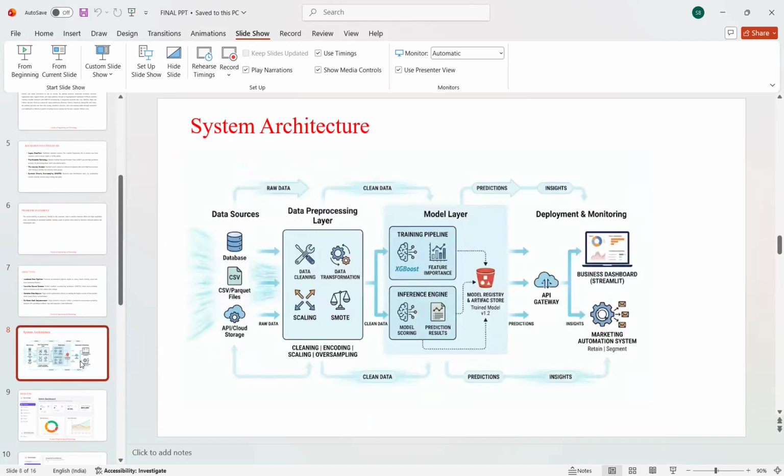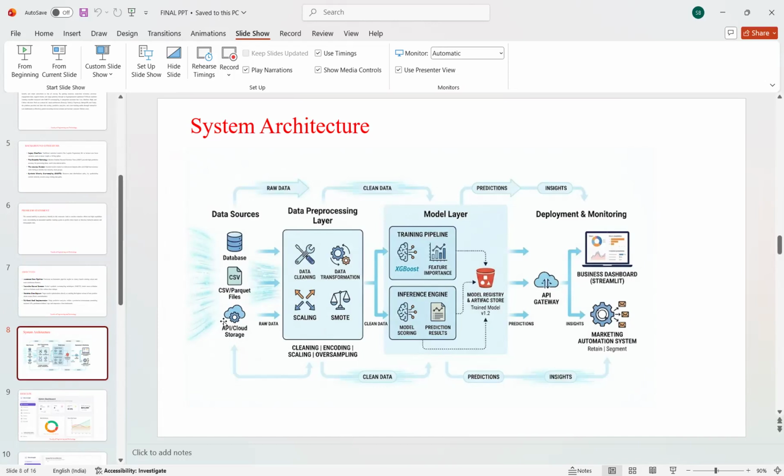System architecture. This explains the complete workflow of the customer churn prediction, starting from collecting customer data to generating business insight. First one is data source. This is where all the customer information is collected.